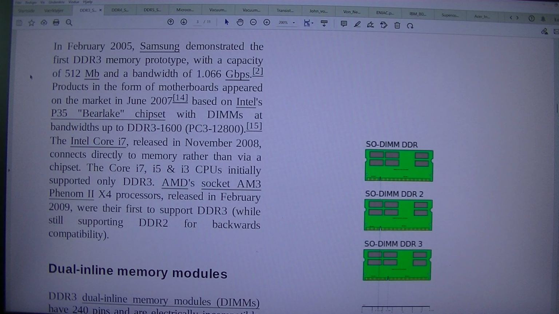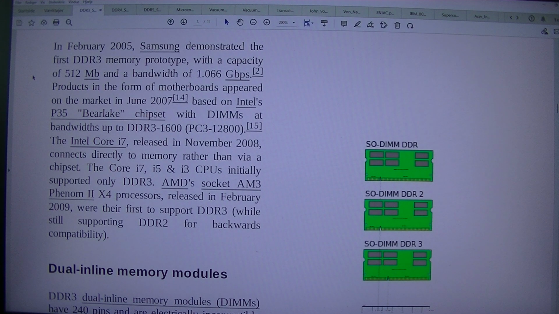Products in the form of motherboards appeared on the market in June 2007, based on Intel's P35 Bearlake chipset with DIMMs at bandwidths up to DDR3-1600, PC3-12800. The Intel Core i7, released in November 2008, connects directly to memory rather than via a chipset.